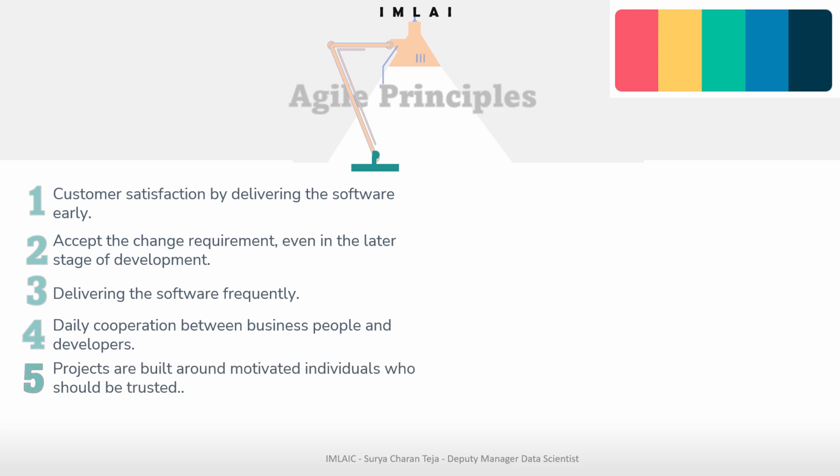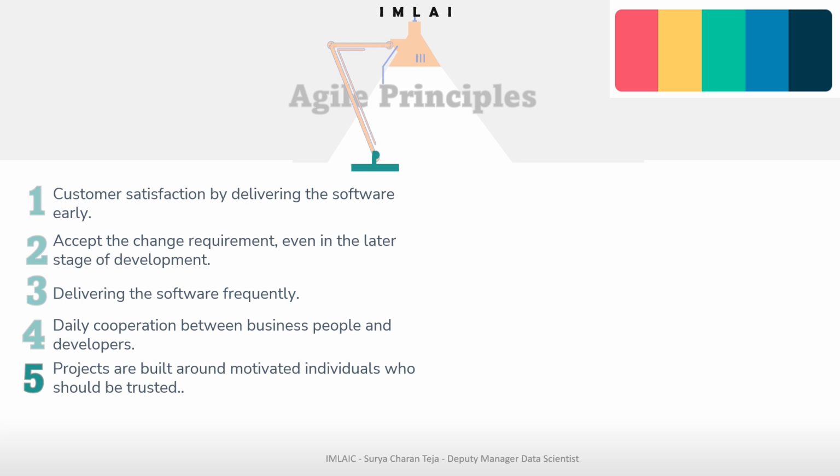And the fifth one is projects are built around motivated individuals who should be trusted. When people who are motivated to work are given the environment and support they need to complete the task, it will be beneficial for the client as well as the developers. Having trust in the developer and standing by their side will help them work comfortably.